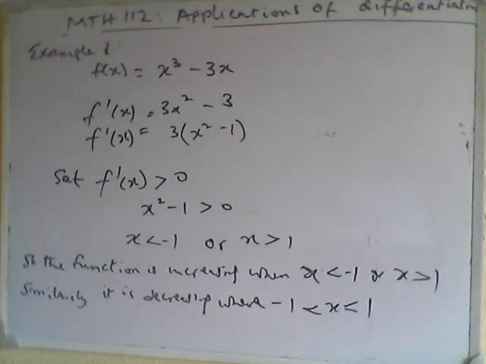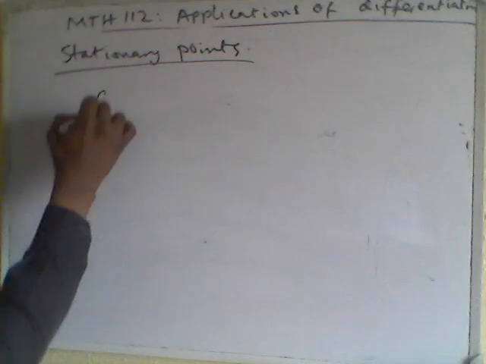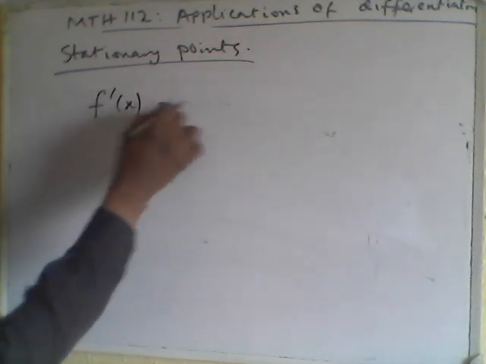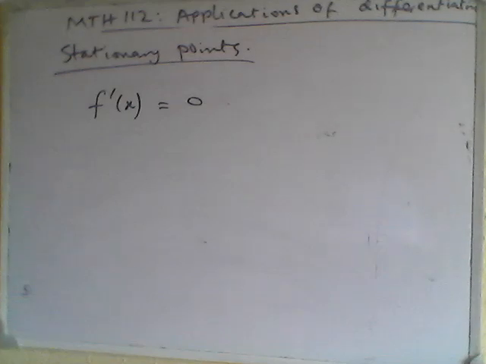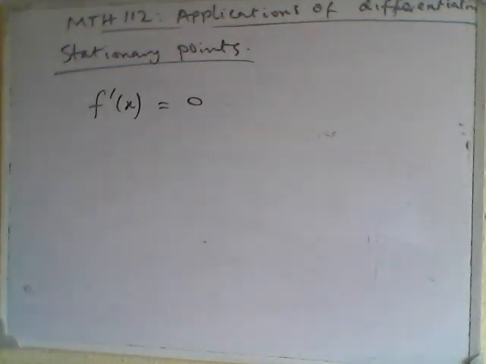Okay, so the next one we'll go into is stationary points. A stationary point occurs where f prime of x, that is the derivative, is equal to 0. So when you differentiate that function the first time and you get 0, it's stationary.